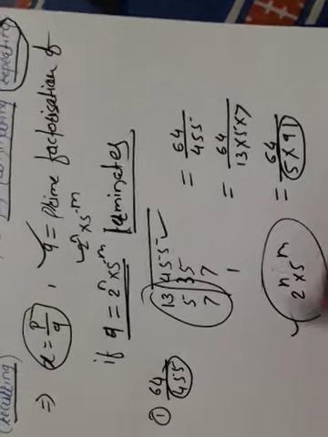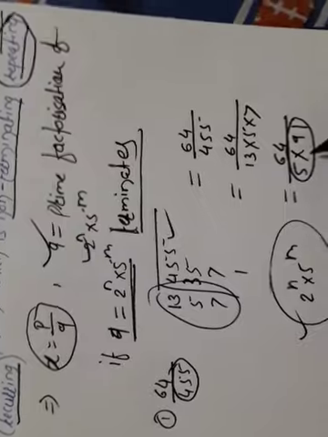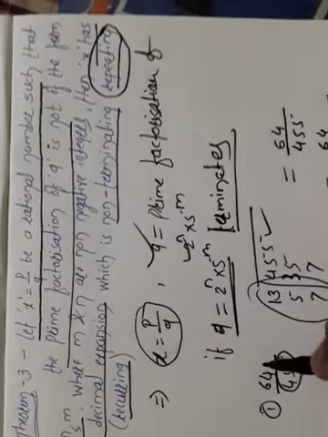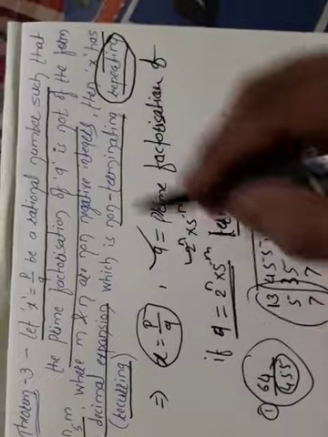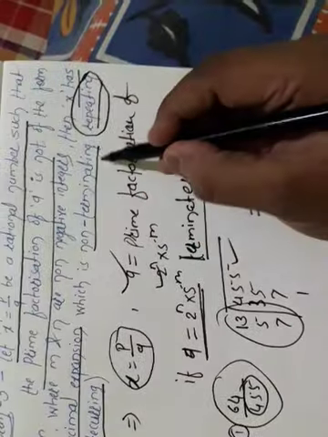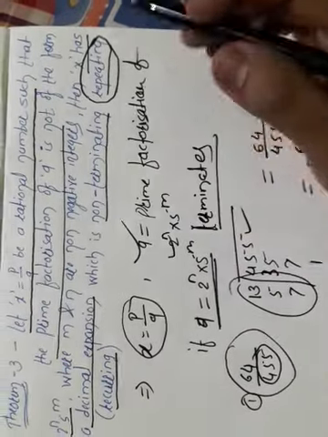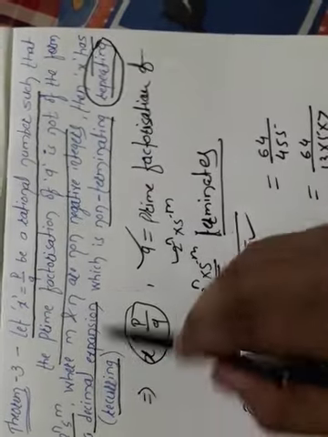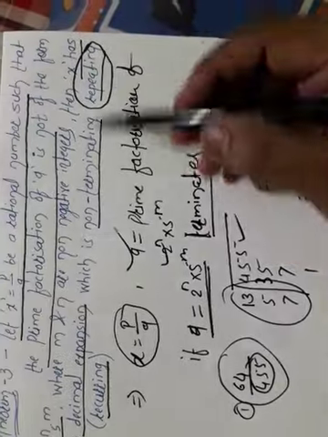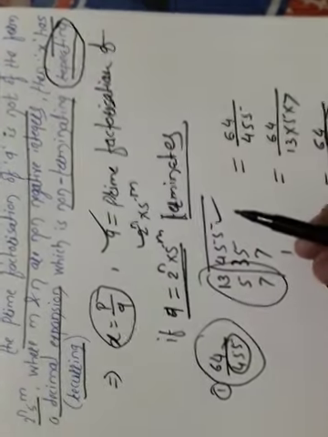If those prime factors are not in this form, then 100% that rational number, means which rational number? This rational number is having non-terminating repeating decimal expansion. I hope so you got idea.